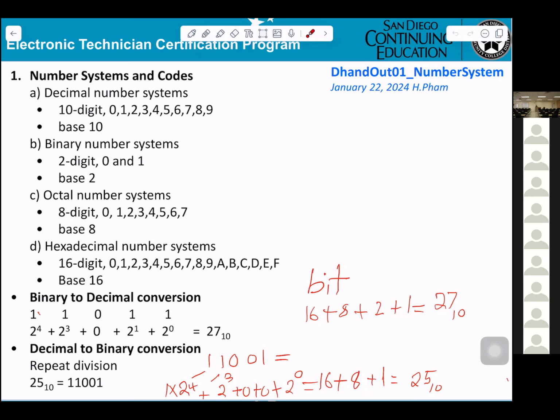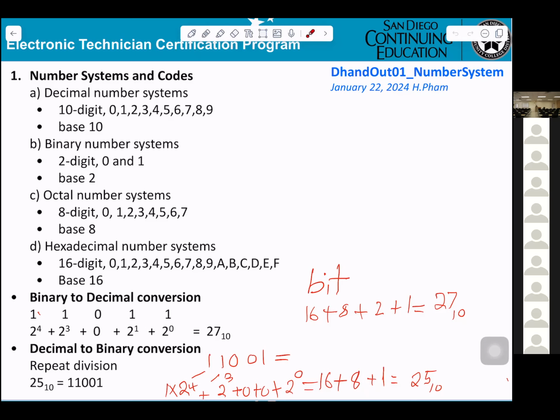However, they get a device to convert number 9 in decimal into the binary number, so the computer can understand. That's what happens inside your keyboard.